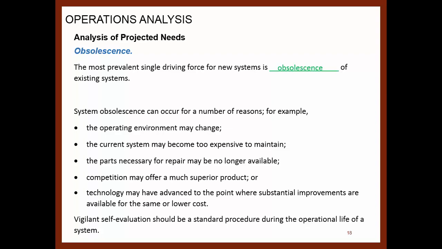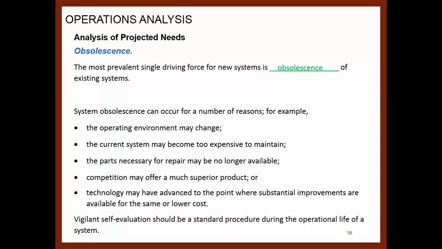So system obsolescence can occur for a number of reasons. For example, the operating environment may change. The current system may become too expensive. The parts necessary for repair might no longer be available. That's the case for some cars. It's very hard to find parts, especially if they're coming from Europe or other places.